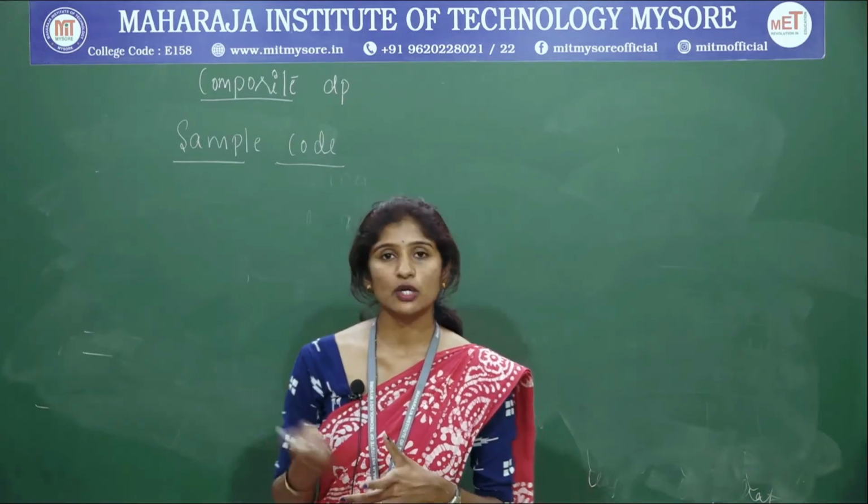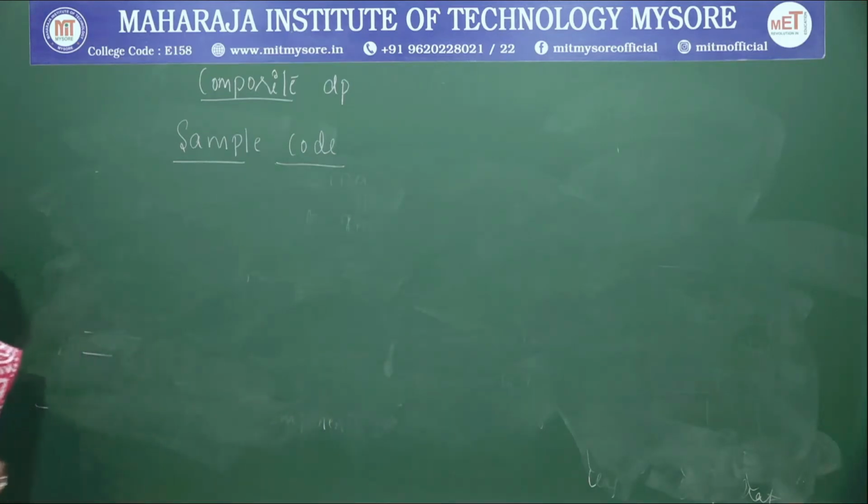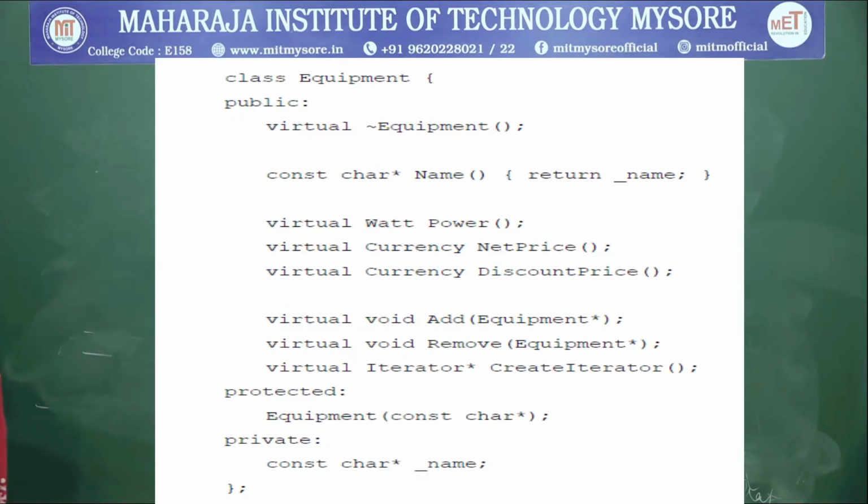That is why in the code they consider a class Equipment. Within that you have a public field, and within it an equipment method. It is called there, and we have a character, the name of that equipment, and it is going to return the name, with curly braces and return underscore name.